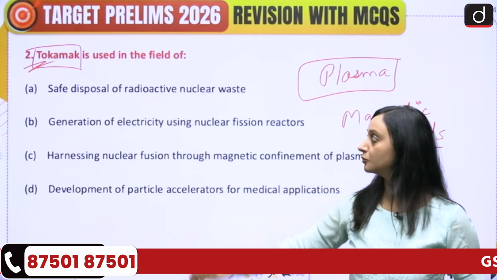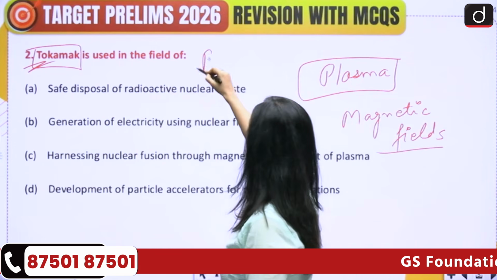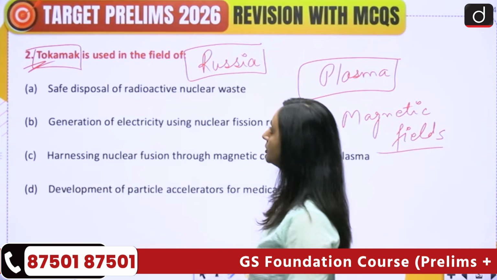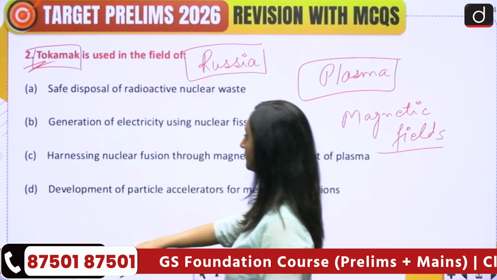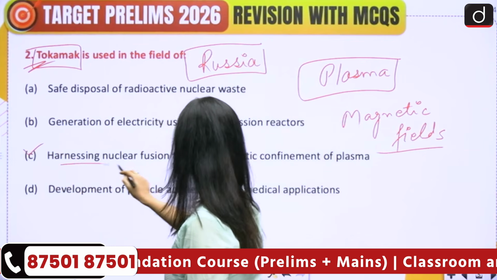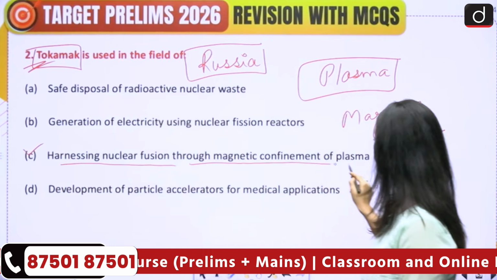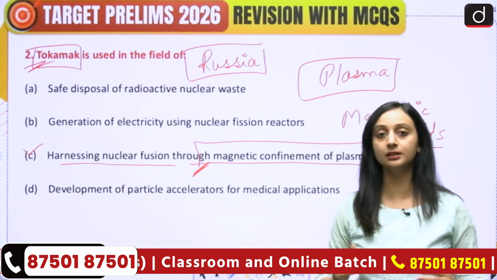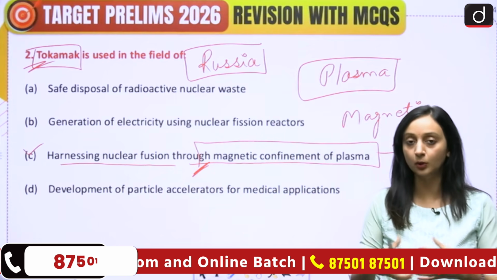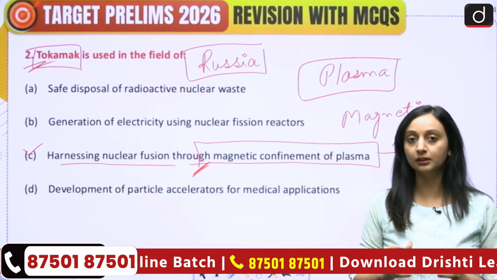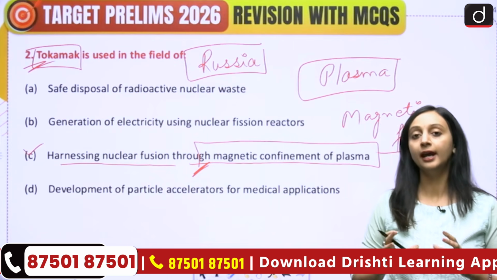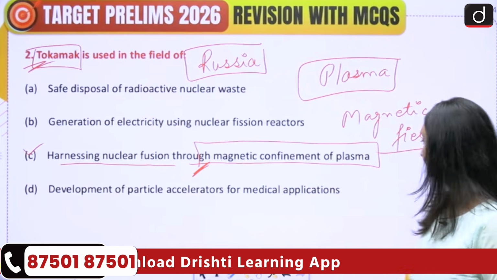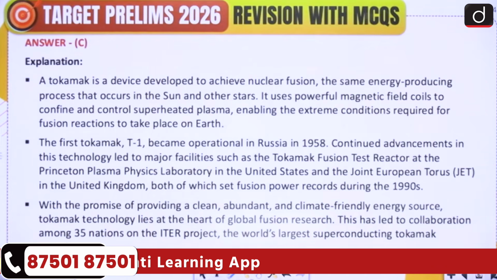For the first time this was used in Russia. So what is Tokamak? It is used in the field of harnessing nuclear fusion through magnetic confinement of plasma. Correct? These strong magnetic fields are holding the plasma together, maneuvering it, deciding what to do with it, and we are trying to mimic the sun's energy on Earth. Okay? So this is the explanation.